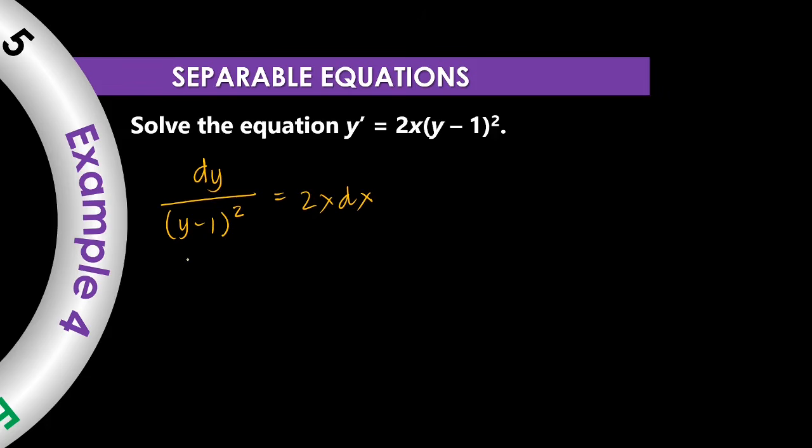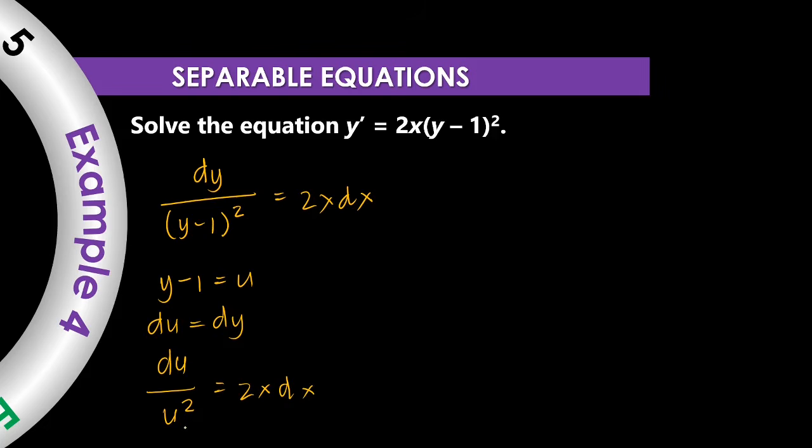Integrating this, I can let this y minus 1 be equal to u. So we will use the substitution method. Now, if I get the differential of both sides, du will be equal to dy. And dy can be replaced by du, and this will be du over u squared, right? Equals 2x dx.